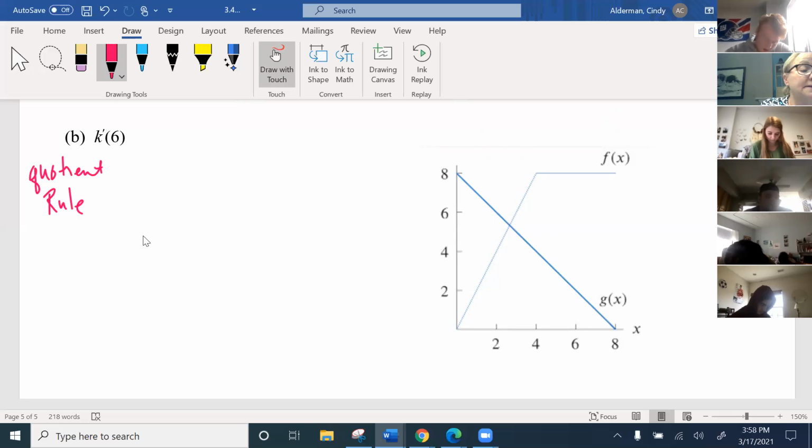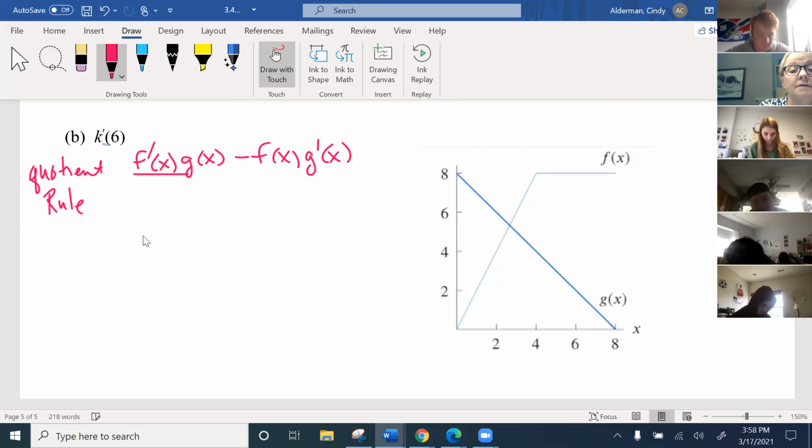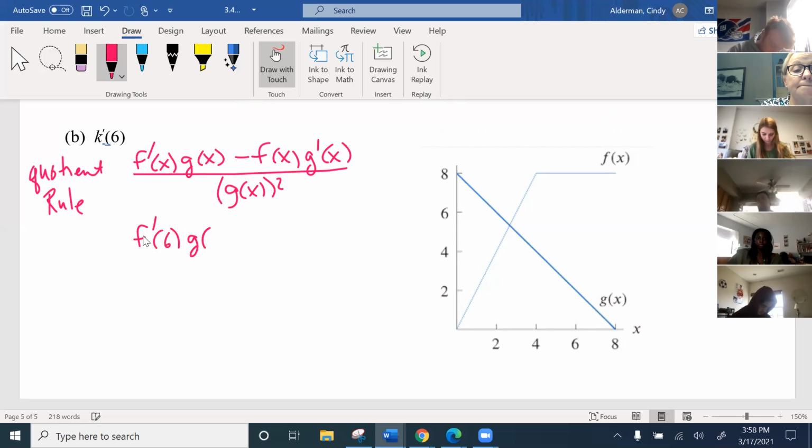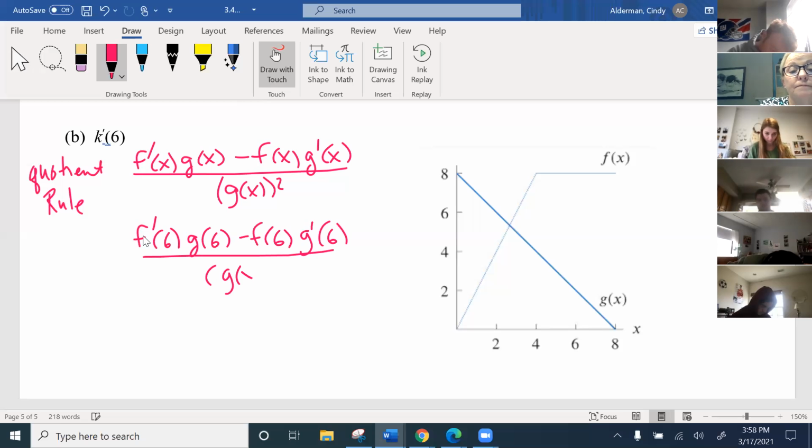So that would just say f prime of x times g of x minus f of x times g prime of x, all over g of x quantity squared. So we're interested in 6, so let's put 6 in there.